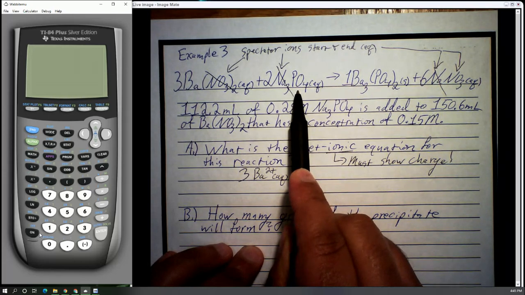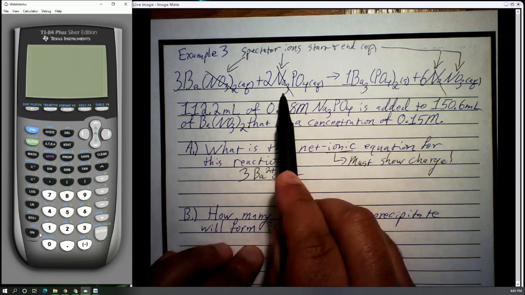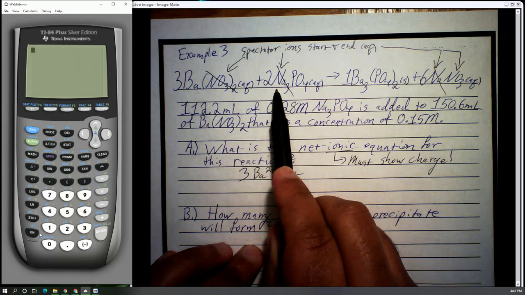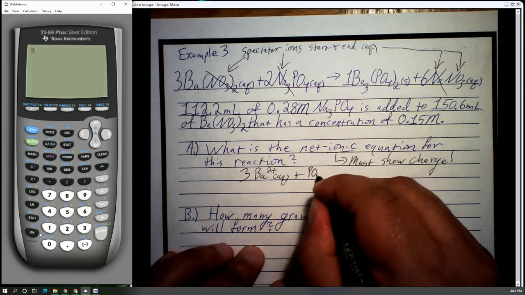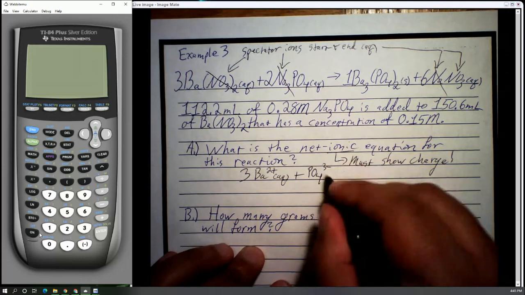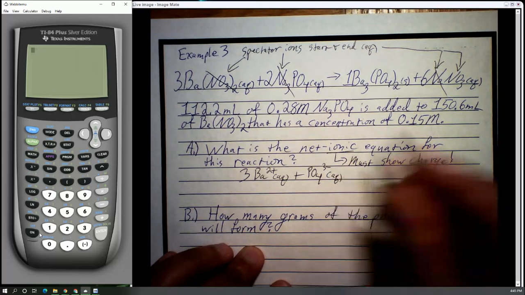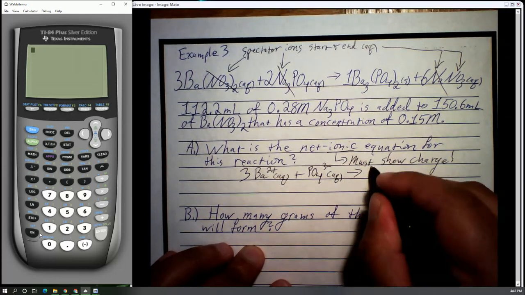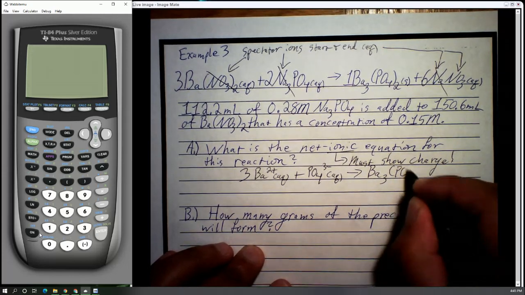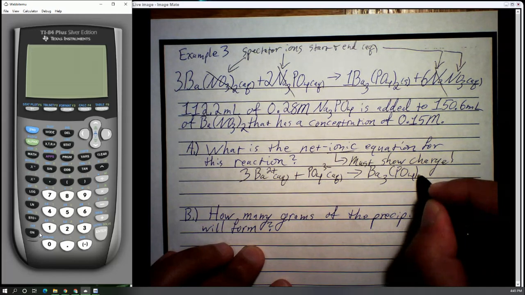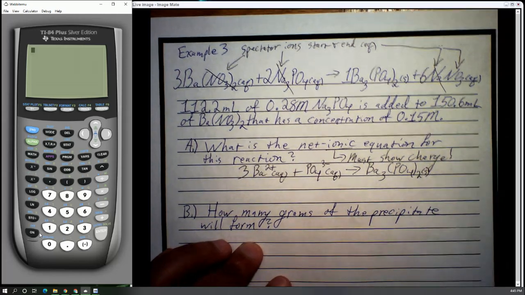If you forgot that, you can work backwards. We've got 3 sodiums, which comes from group 1, so it has a +1 charge. So PO4 3 minus, and this makes 1 barium phosphate. Solid.